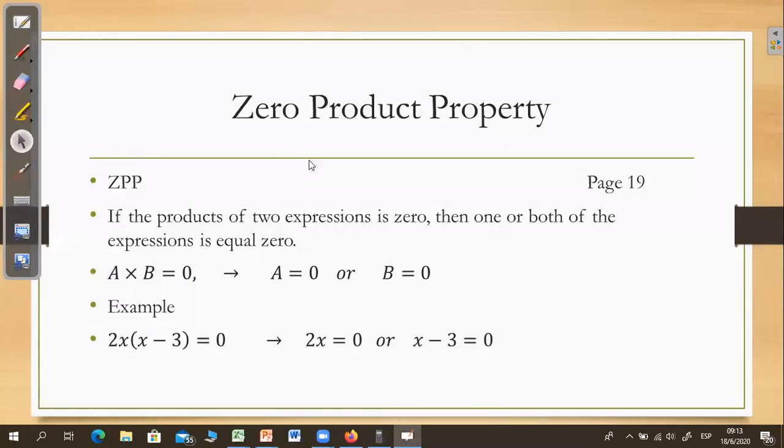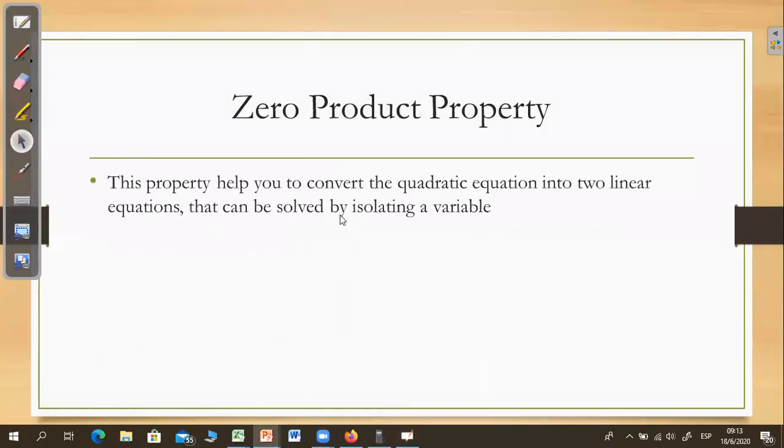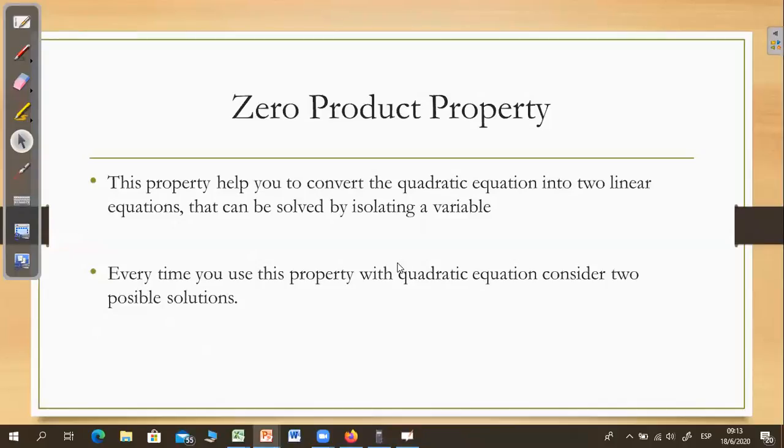Let's see the conclusion of this zero product property. This property will help you convert a quadratic equation into two linear equations that you can solve just by passing terms to the other side, isolating the variable, right? Every time you see this property with a quadratic equation, consider two possible solutions, something we already talked about, because probably there's just one or probably there's no solution.